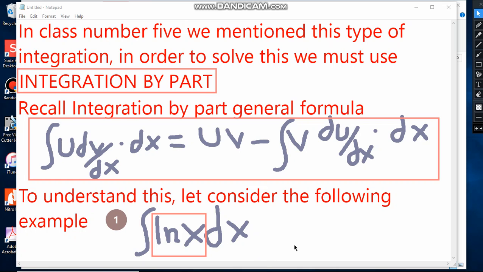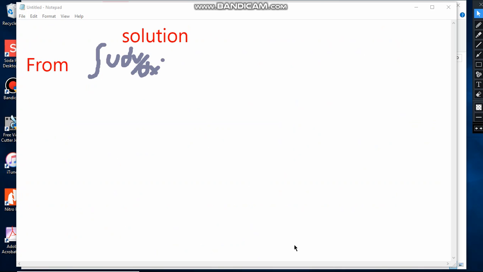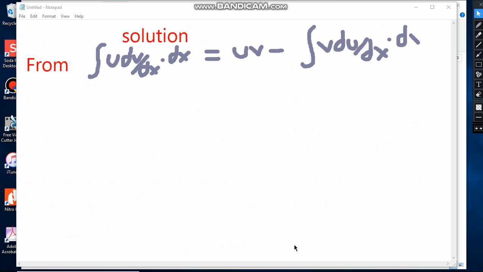Okay, let's continue. Solution. From the general formula of integration by parts, the integral of u dv/dx dx is equal to this one.